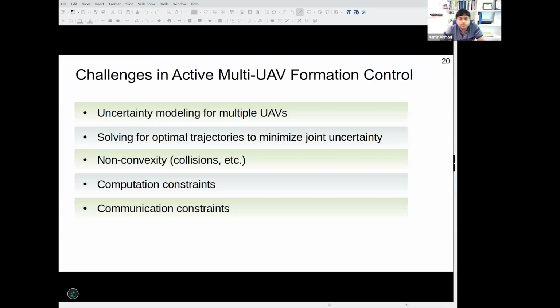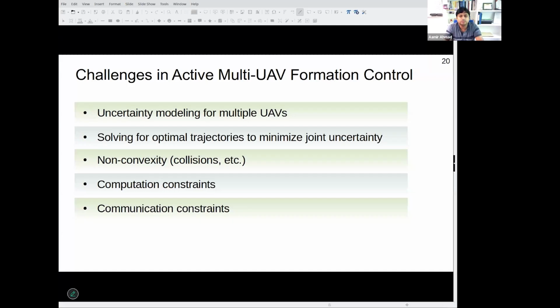Okay, so again, I will follow the same structure and I'll talk about some challenges, right? So the formation control method handles these challenges step by step. First, we need to mathematically model the joint uncertainty in the tracked target estimate by multiple UAVs, so that we can have a model of what is good and what is not good, right?